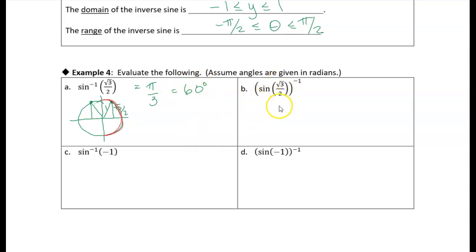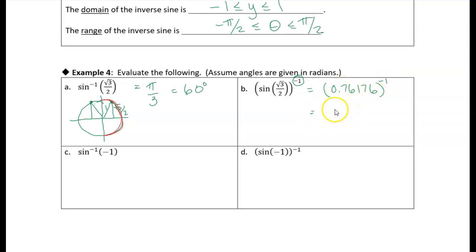Okay, this next one is just an example of, here you can see this minus 1 is now an exponent. It does not indicate the inverse sine. So if I put the sine of square root 3 over 2 into my calculator in radian mode, so I'm assuming it's square root 3 over 2 radians, I get 0.76176 to the minus 1, which is just 1 over 0.76176.